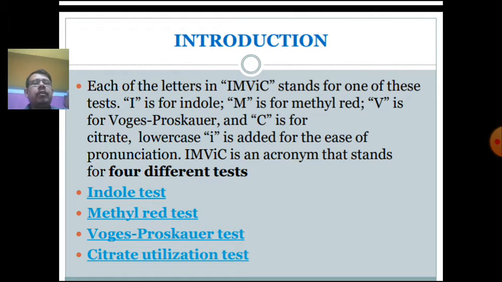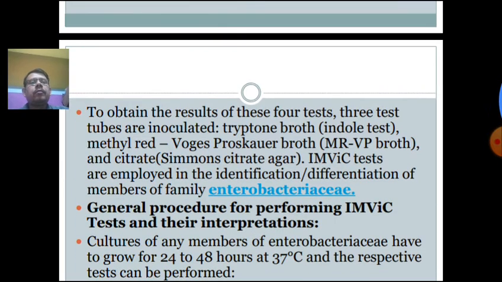IMVIC is an acronym that stands for four different tests: the indole test, methyl red test, Voges-Proskauer test, and citrate utilization test. So these are the four important tests to identify microorganisms.